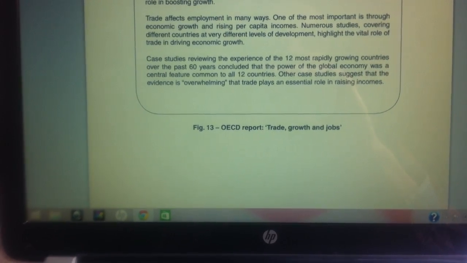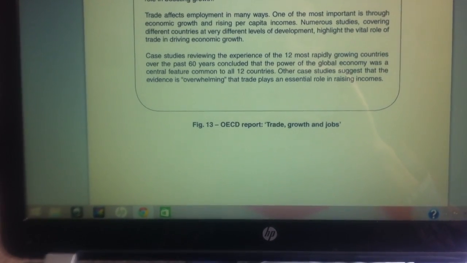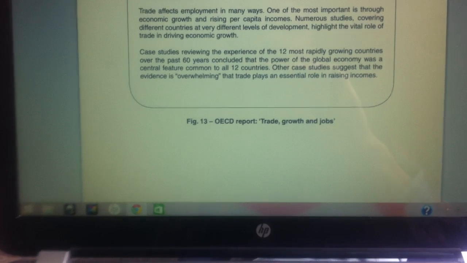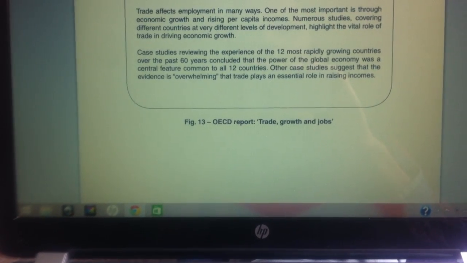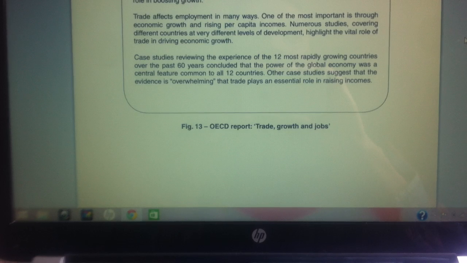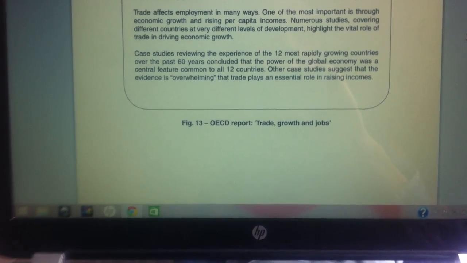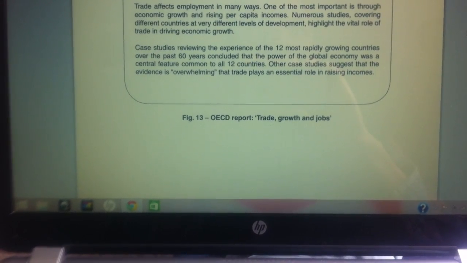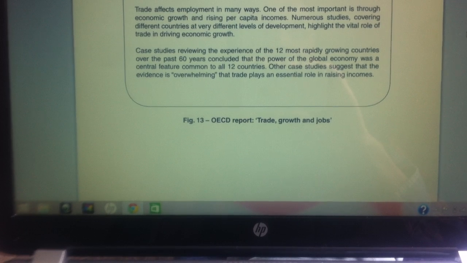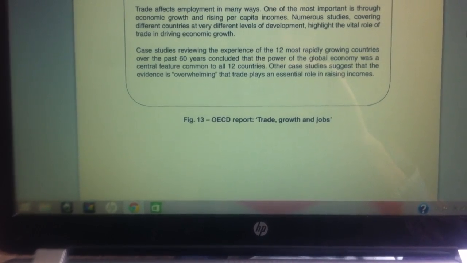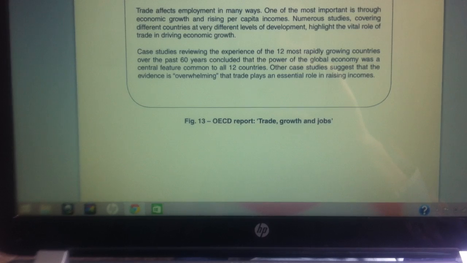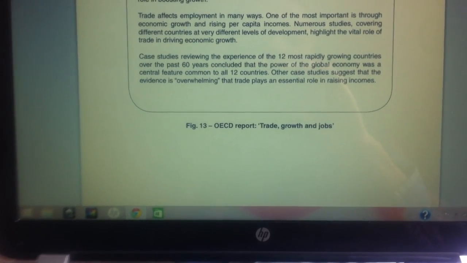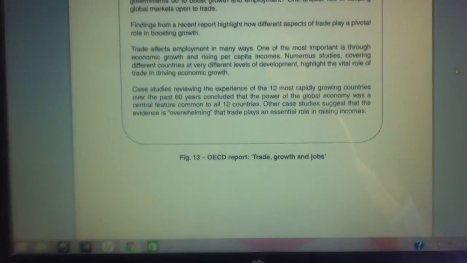Or you might get a discussion question about whether or not trade is better than aid for the developing world, and which is more likely to lead them to grow quickly in the future. So do anticipate a question on that.